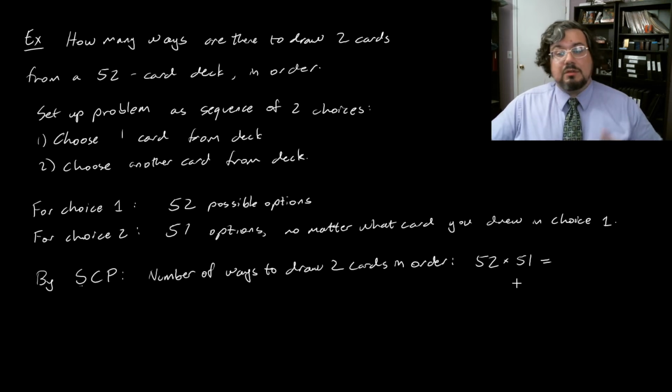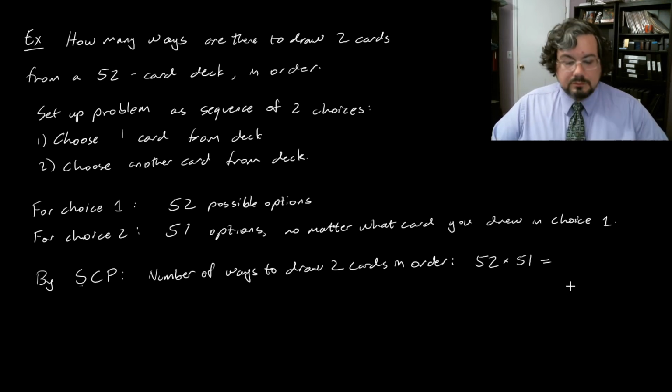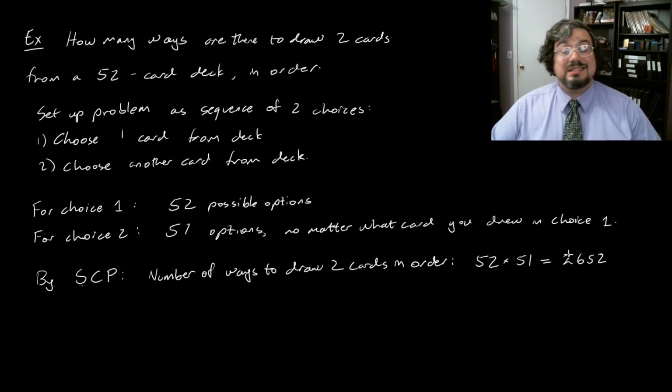And so this we can throw into a calculator and find that we get 2,652. So there are 2,652 ways of drawing one card and then drawing another card, where you keep track of the order in which you drew them.